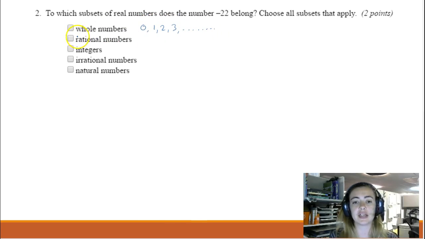So just as a quick review, whole numbers are 0, 1, 2, 3, on and on and on. Rational numbers are numbers that make sense, that are rational. You can write them as a fraction. They also include whole numbers and integers. So integers are whole numbers and negative whole numbers. So it'd be like -2, -1, 0, 1, 2, on and on, positive and negative.